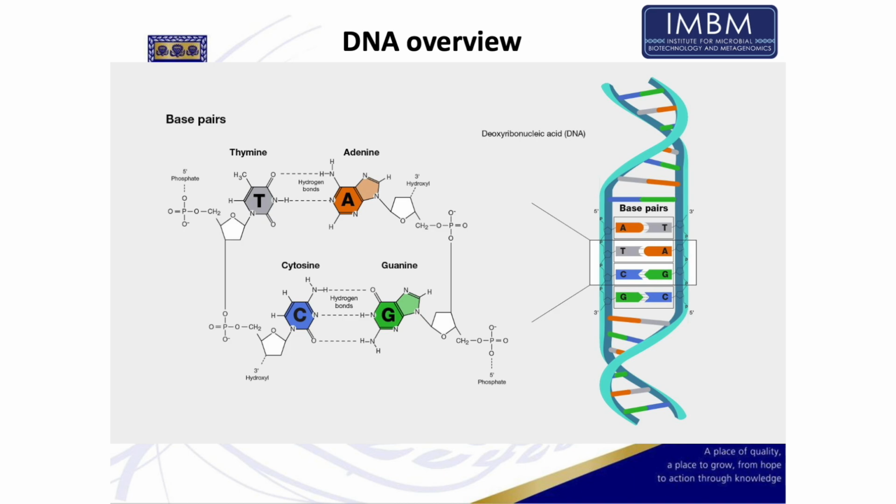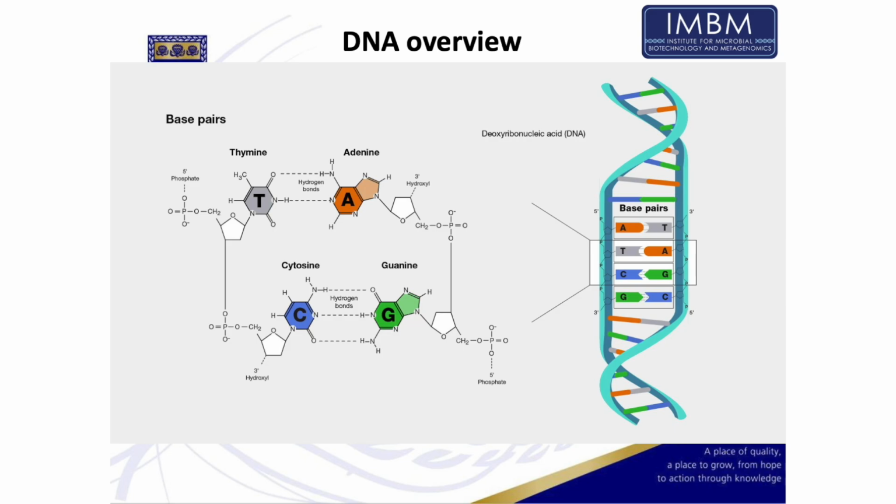So we've got the DNA bases, and according to Chargaff's rules, thymine always pairs with adenine, cytosine always pairs with guanine. So this is what we would refer to as a DNA base pair. And when we sequence, we always report back how many of these base pairs we are generating.